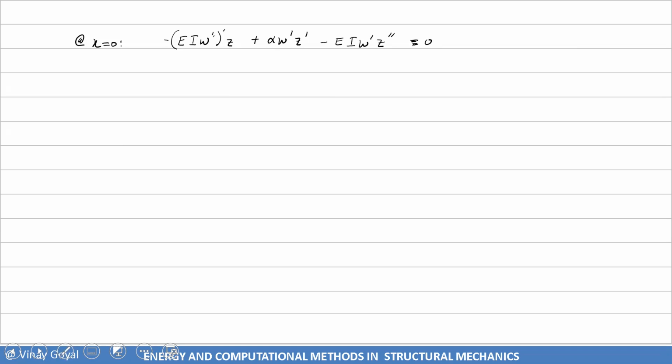So what I want to do then is factor out w prime out of here. And you can see that for this to be equal to 0, I need that at x equals 0.